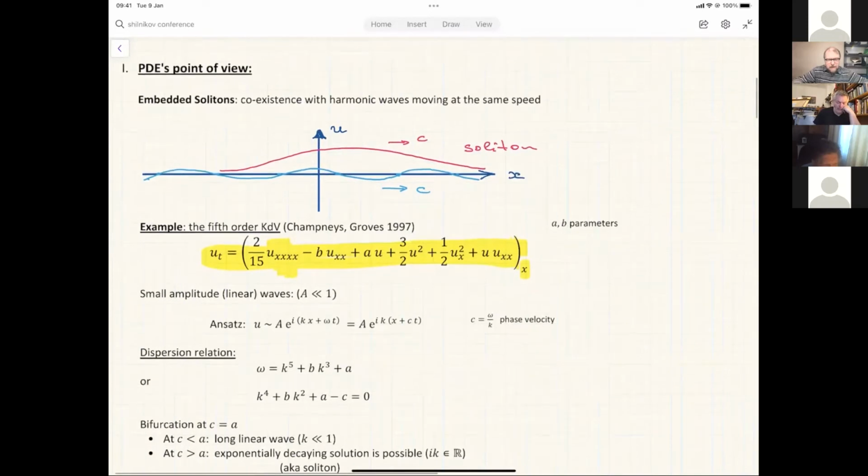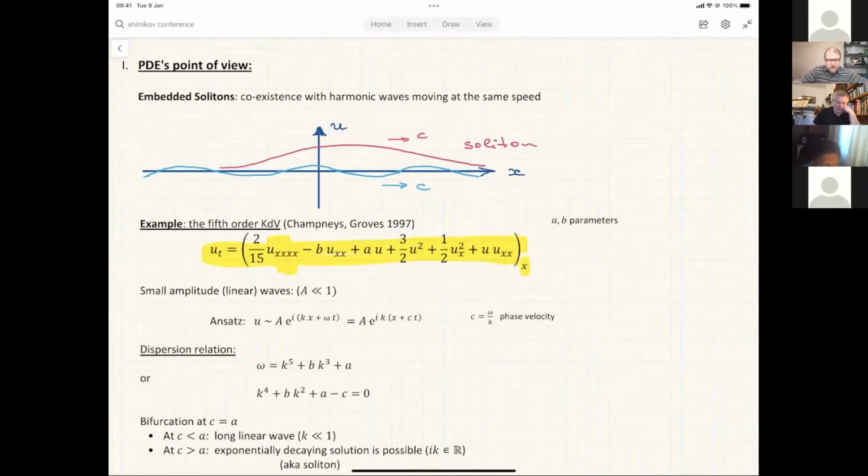And what we observe at the transition when c crosses a is that on one side we get small real k, and that means that in the equation there are waves which are very, very long, and they become longer as c approaches a.